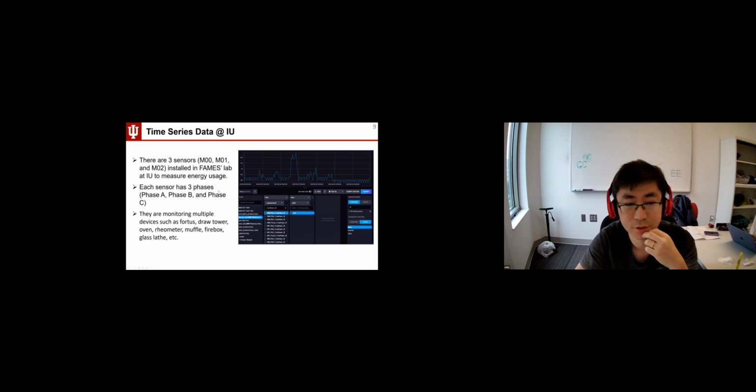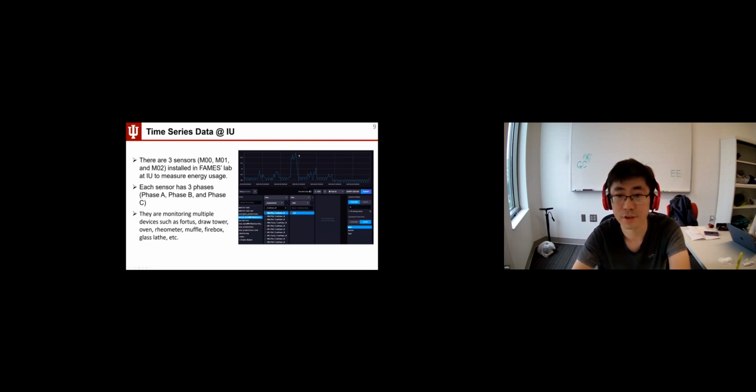Each sensor has three phases, phase A, B, and C. Those sensors are monitoring multiple devices such as pulsers, jaw towers, oven, rheometer, muffle, firebox, glass lathe, etc.